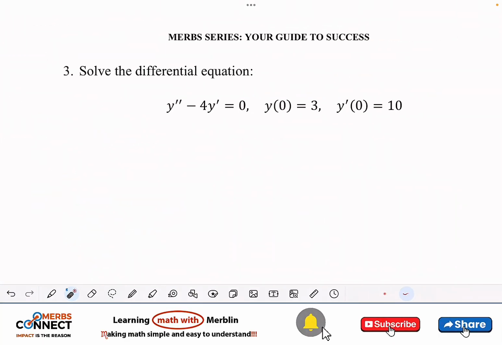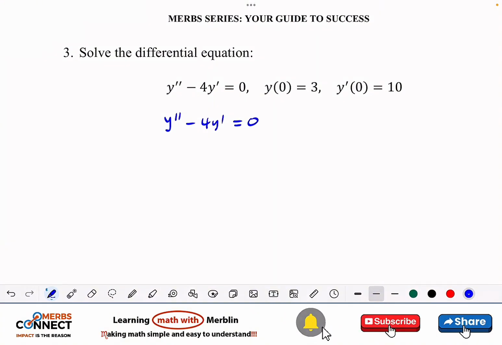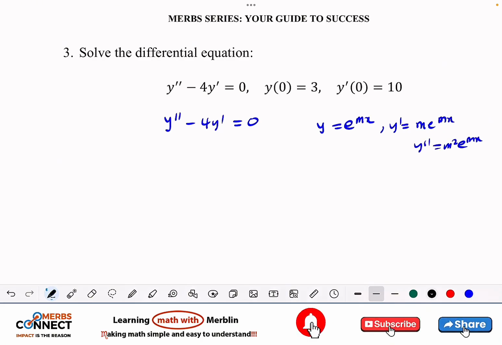Let's take another one and see how it goes. Same thing again. I have y prime prime minus 4y prime, which is equal to 0. So the same thing: y is equal to e to the power mx, y prime is equal to m e to the power mx, and then y prime prime will be m squared e to the power mx.